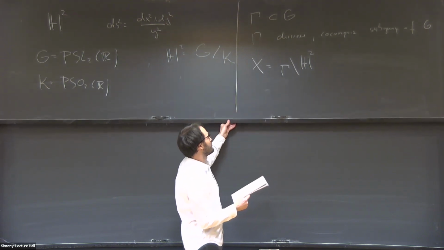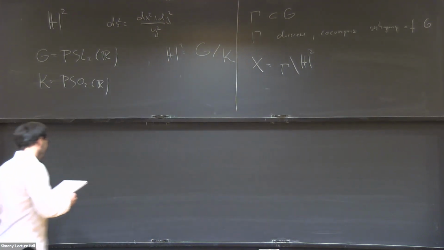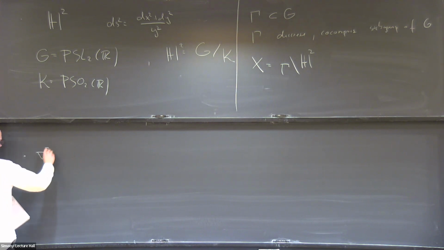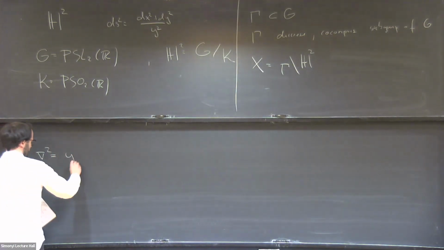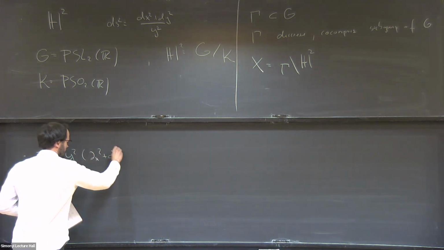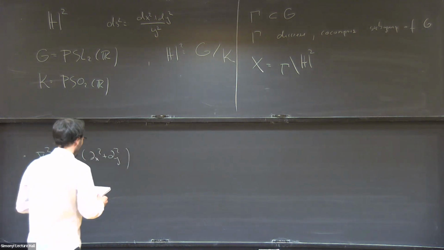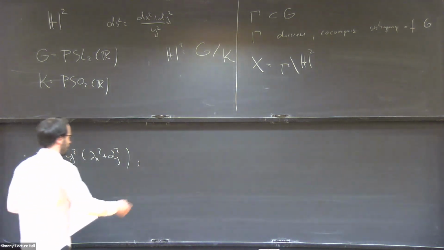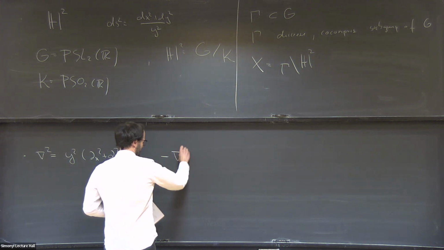And then you can formulate the Laplace equation on this orbifold. The Laplace operator in the upper half plane is y squared times (dx squared plus dy squared). The Laplace equation takes the following form.